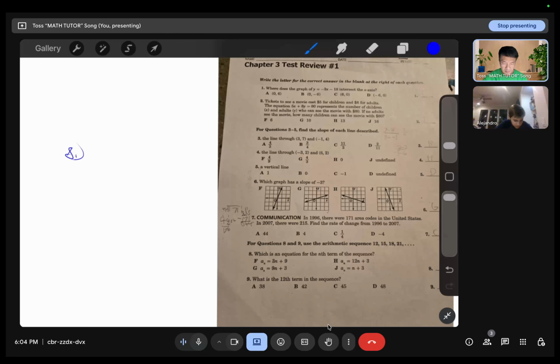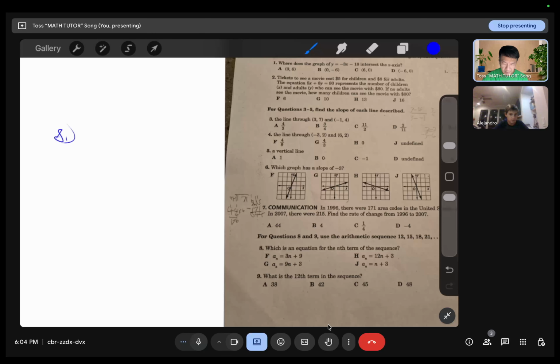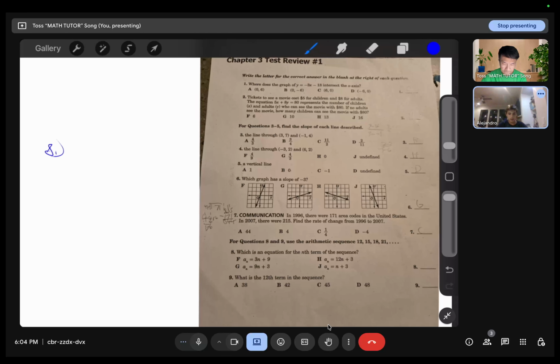Okay. Like how? So I'll probably do a_n equals a_1, and then go on from there. Oh, I see.